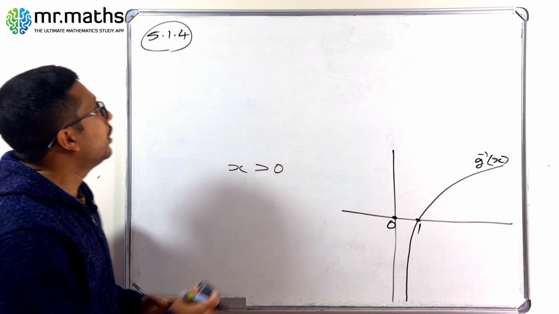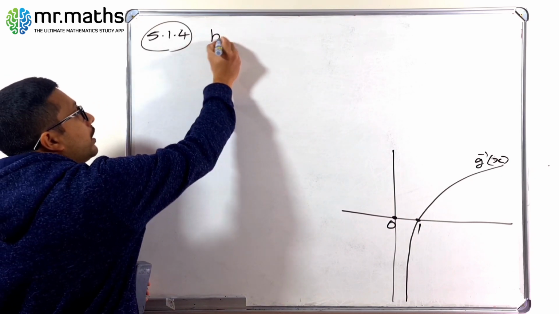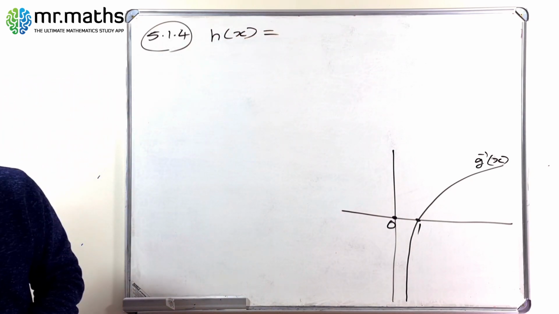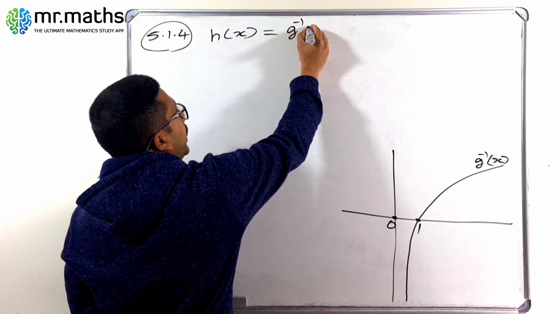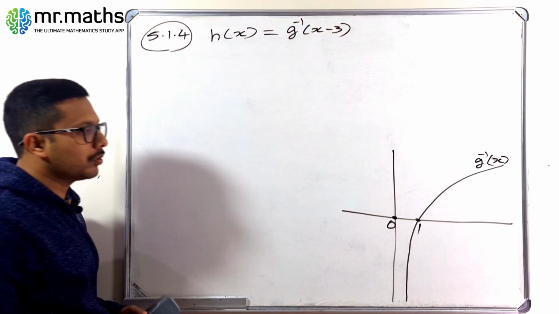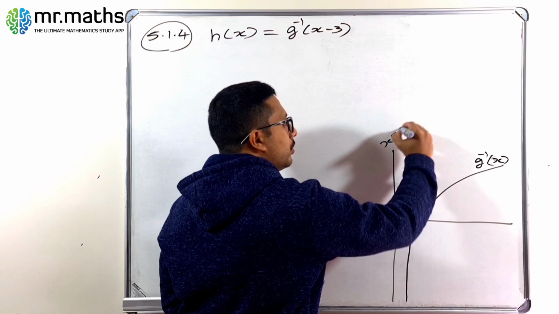Now you have to find the domain of h, and h of x is equal to g inverse of x minus 3. At this point, what is the x value? x is equal to 0.